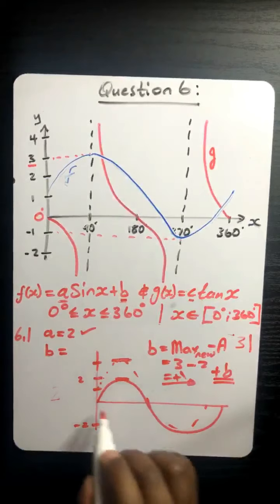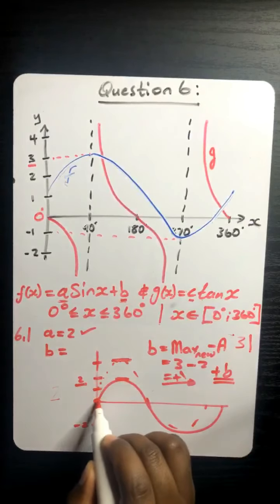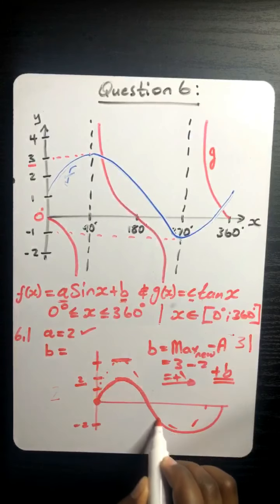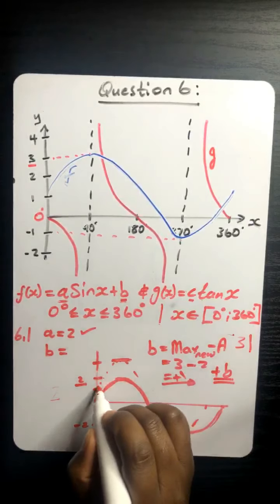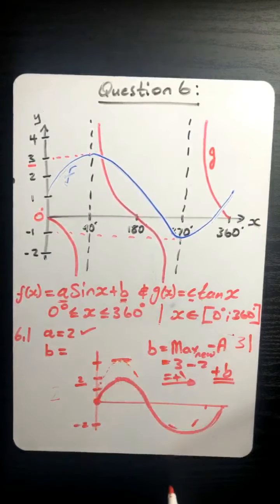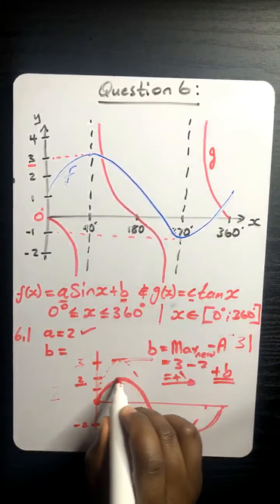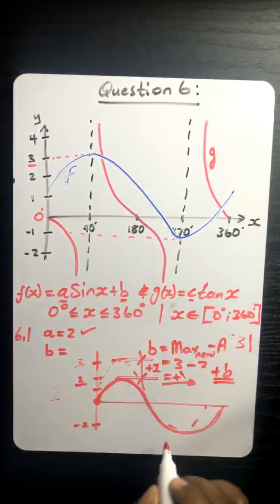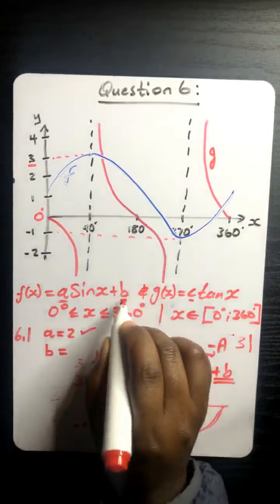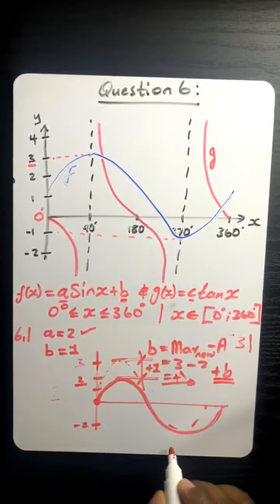Or otherwise, because with its amplitude being 2, it has a maximum at 2 and -2, but all of a sudden it now has a new maximum at 3, which means from there to there it has shifted upwards by 1 unit, which means that b value is equal to 1 unit.